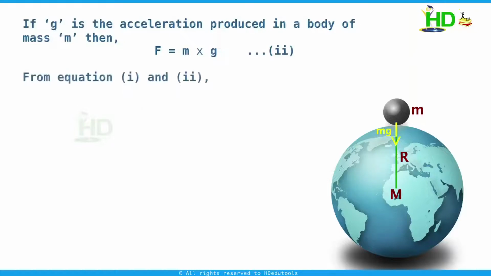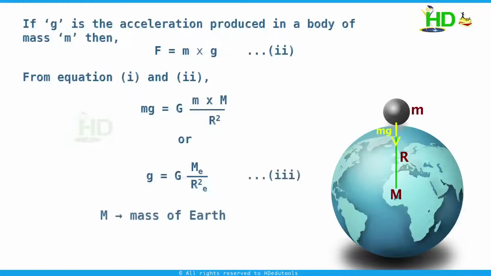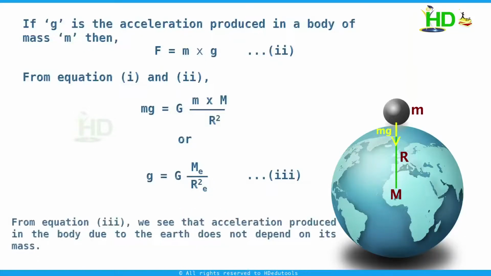Therefore, we can write m into g equals G M m by R square, or small g equals G into capital M divided by capital R square, where capital M is the mass of the earth and capital R is the radius of the earth. This is the acceleration due to gravity on the surface of the earth. Now using this equation, we can find the acceleration due to gravity on the surface of any planet.